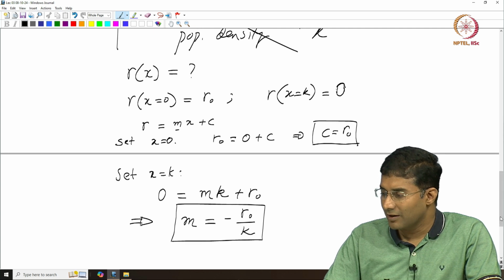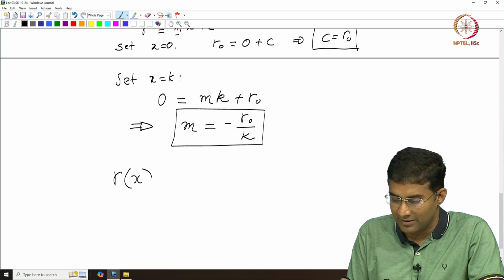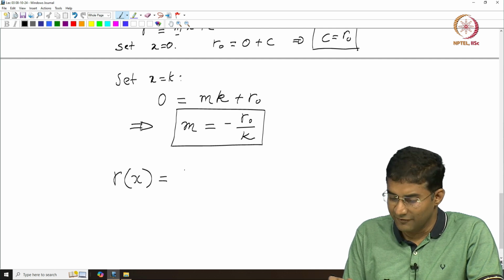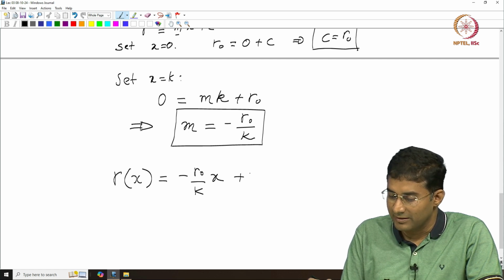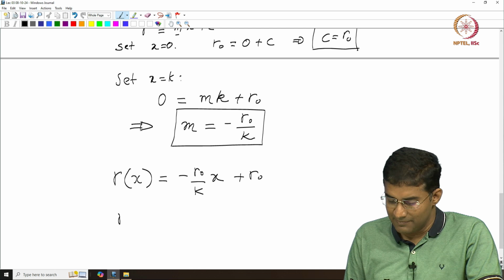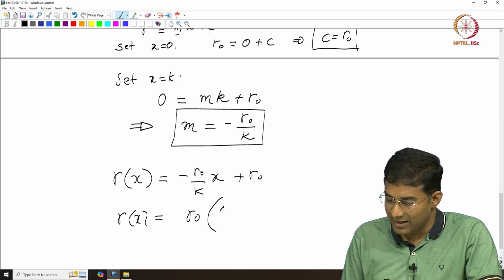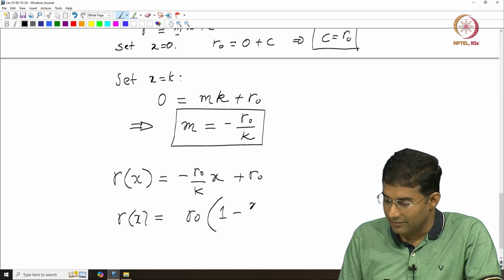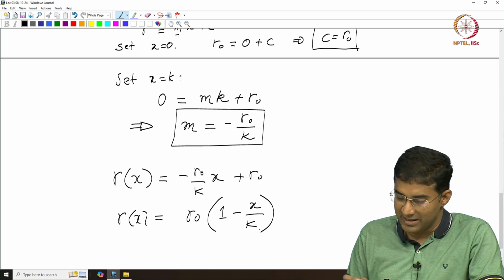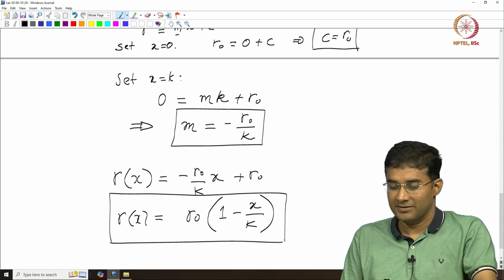We have now found both the constants in the equation for a straight line, therefore we can write the equation. So r is equal to mx plus c, where m is minus r 0 by k, times x, and c is r 0. Further, I can simplify this by taking r 0 as a constant and writing the positive term first, and rearranging the terms, we get this equation.